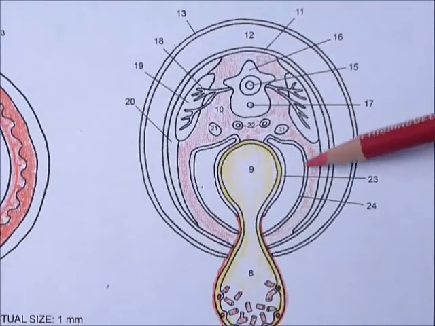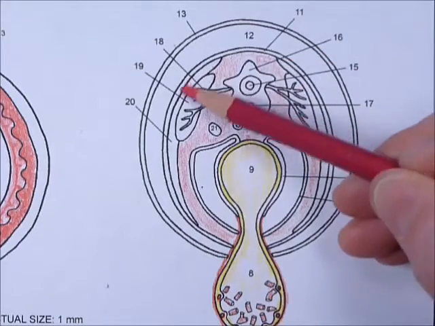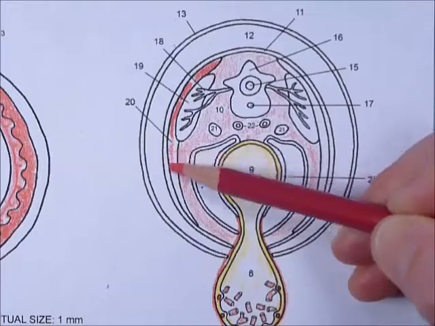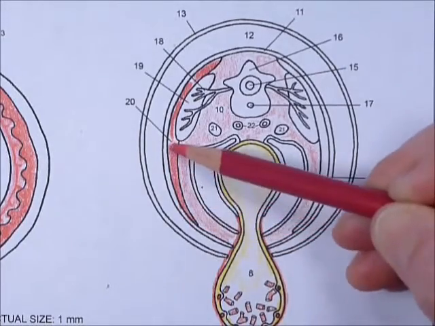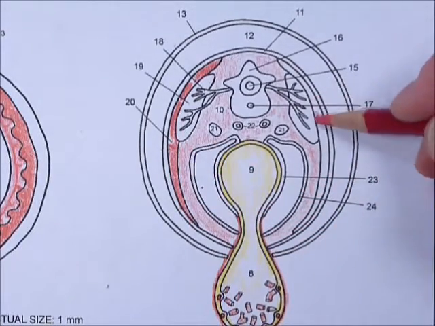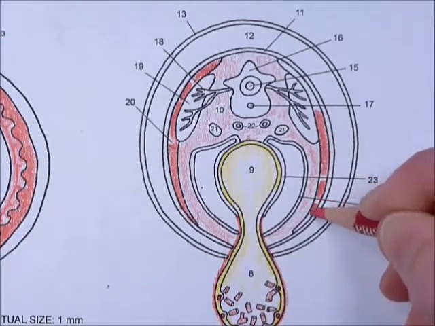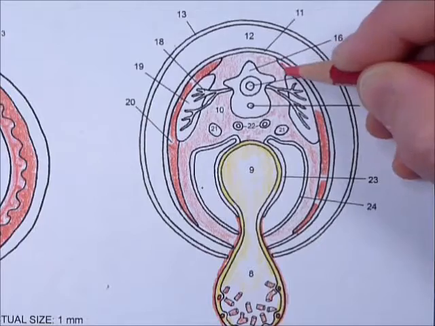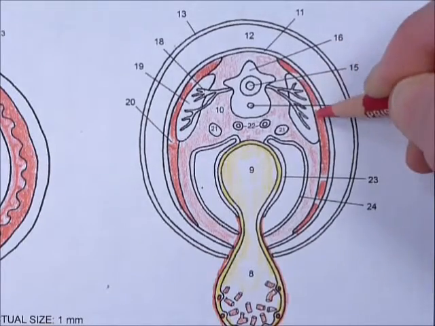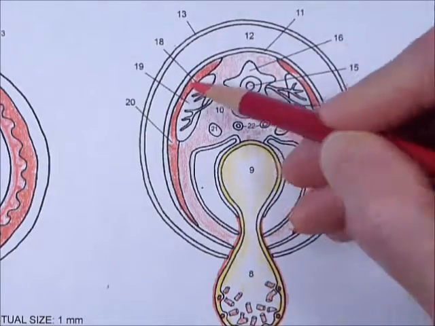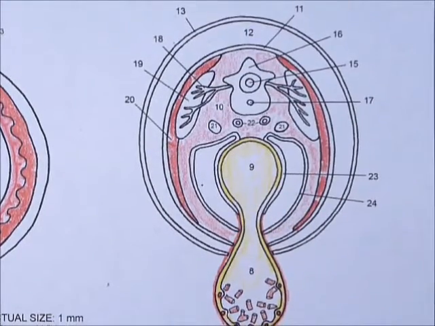Basically our somite is here. This is the outer side of the somite, and it's going to become the dermis, which is the underneath layer of skin. Skin has two basic layers, the dermis and the epidermis. So part of the somite becomes the dermis, and we could actually go ahead and label that.